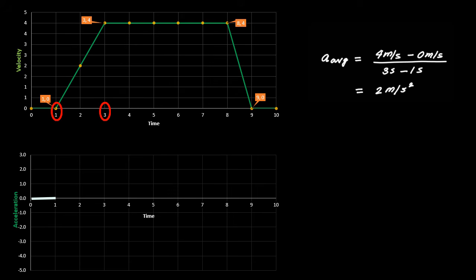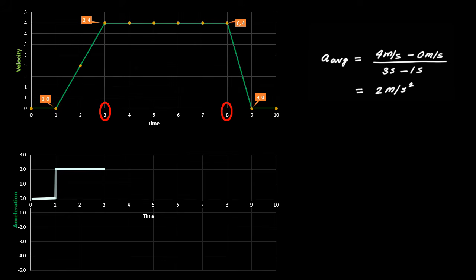Also, you can get the same answer if you find the slope of this line, that is 4 meters per second minus 0 meters per second by 3 second minus 1 second, which equals plus 2 meters per second square. So we show this as a straight line here between 1 and 3 seconds.